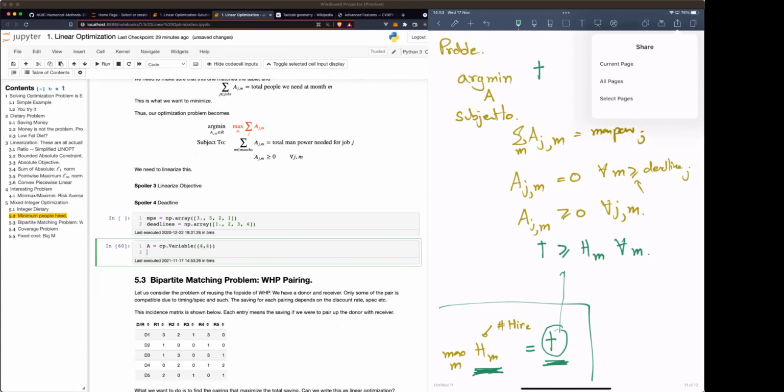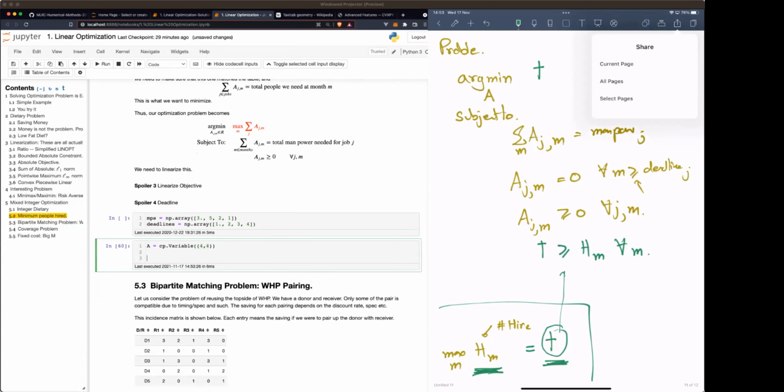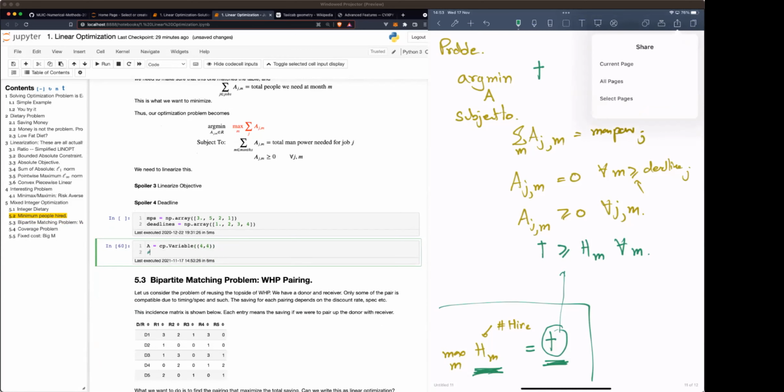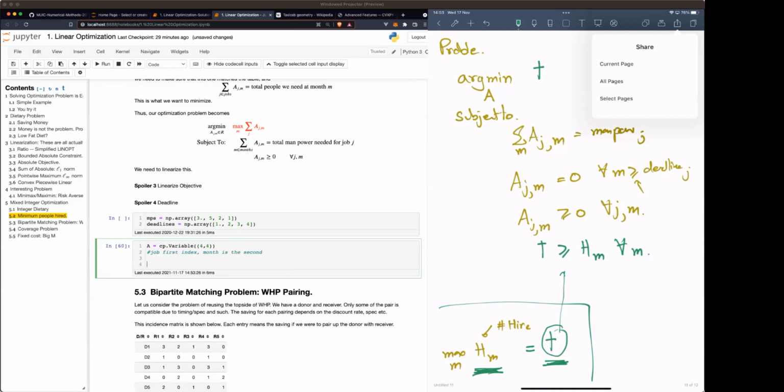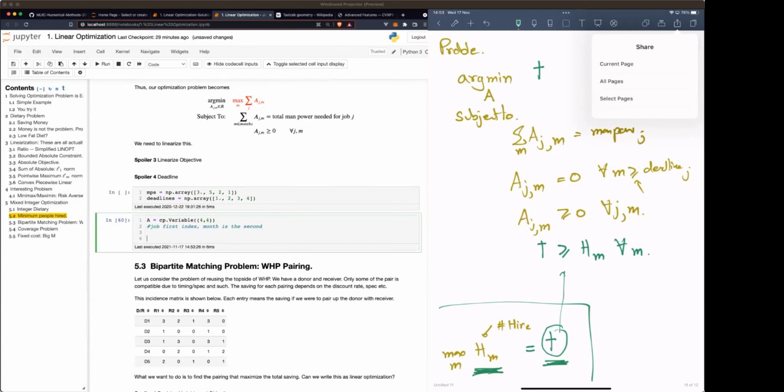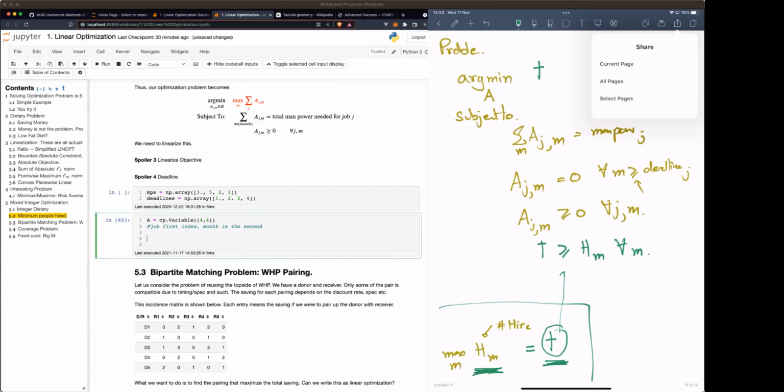Okay. Then let's make a note here that job is the first index, and month is the second.